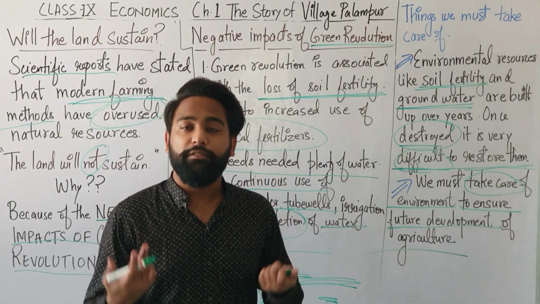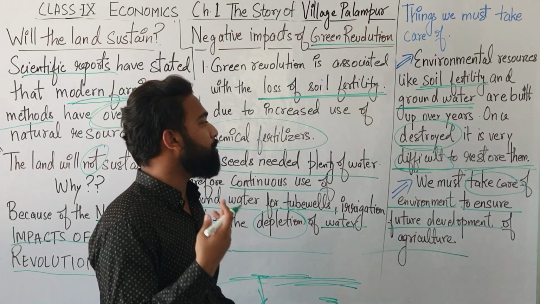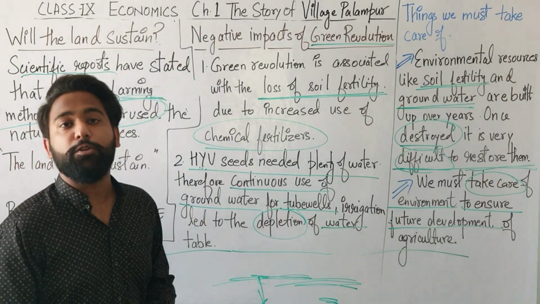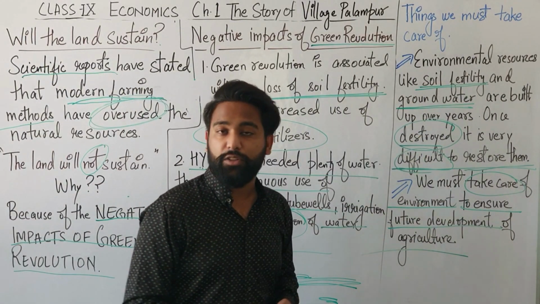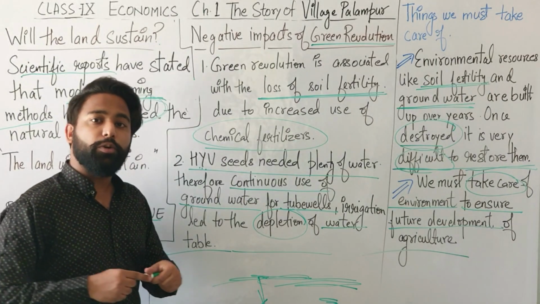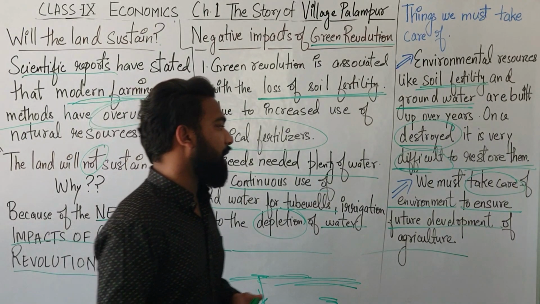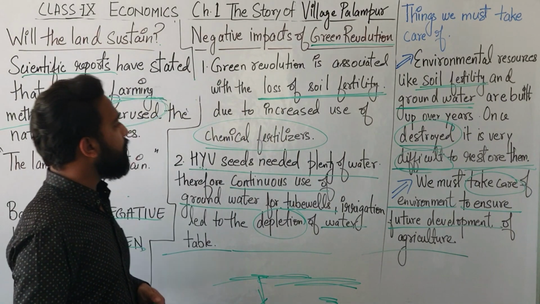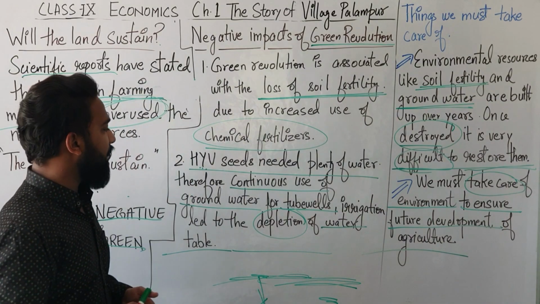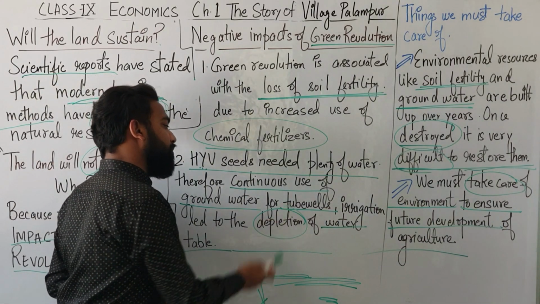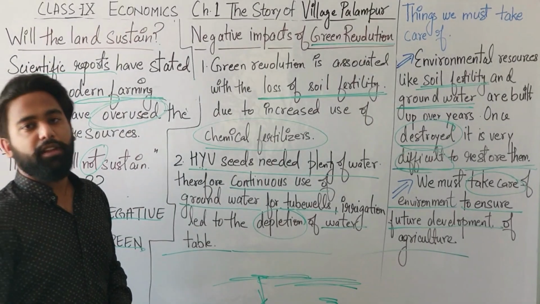How will we produce wheat, rice, pulses? We won't be able to produce if the groundwater and fertility are gone. So it's our duty to keep a check on these things, and people should not overuse chemical fertilizers and should not overuse the tubewells for irrigating the HYV seeds.